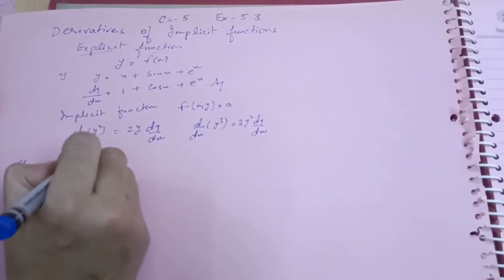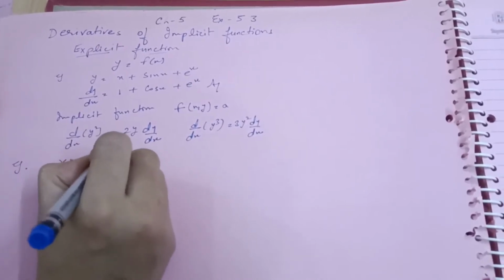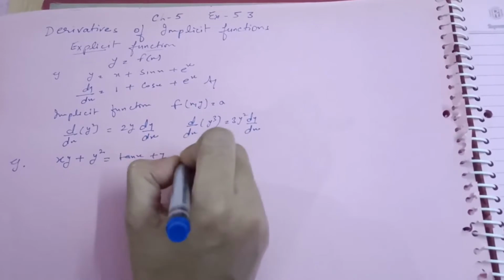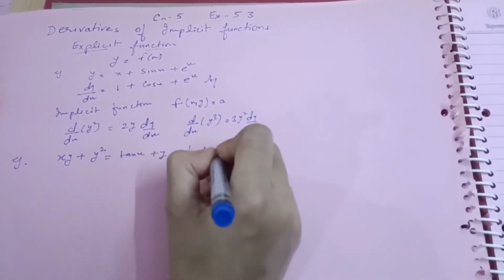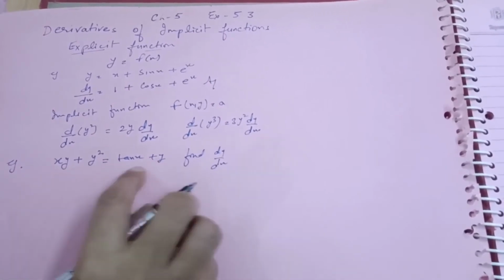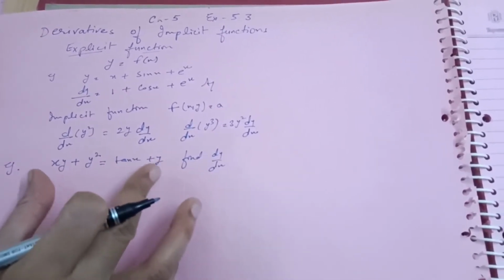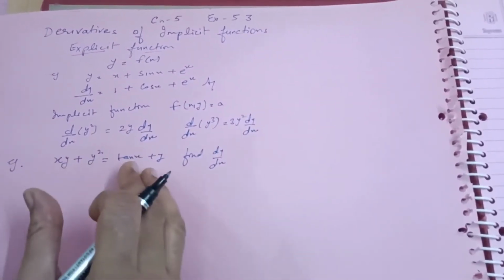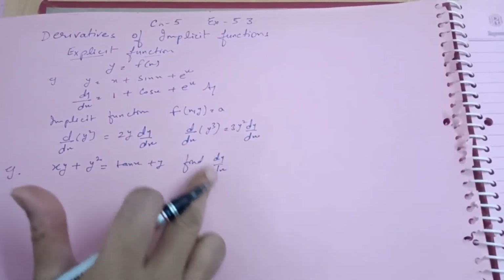One good example of a function I am giving you, so you will know. If the function is xy plus y square equals 10x plus y, and the question is to find dy by dx. This function is not an explicit function, it is called an implicit function, because you can't directly write it in the form y equals f(x). This is a mixed function. How do you get dy by dx?